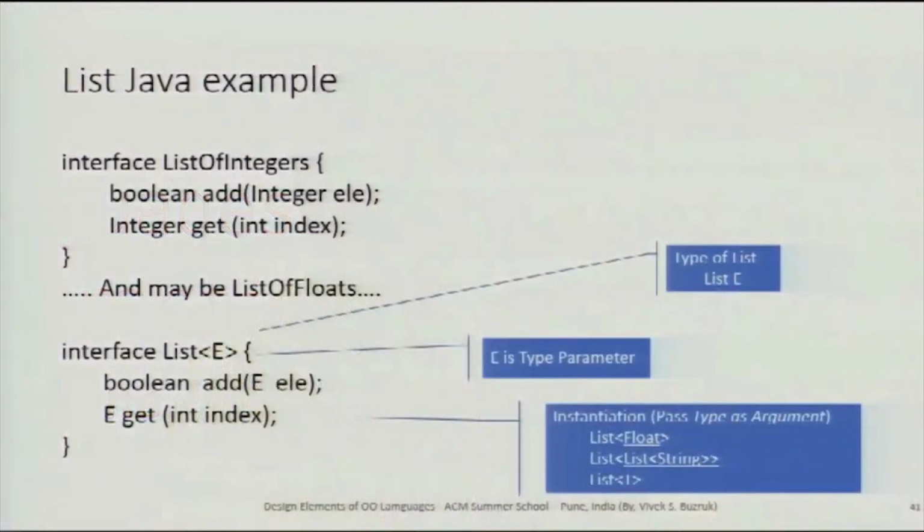This is one of the examples shown here: I have chosen the interface List E, but it can be a class. E is a type parameter. We are talking about a type of List E, and you instantiate it by saying list of float or list of strings, or list of, let's say, T, any user defined type.